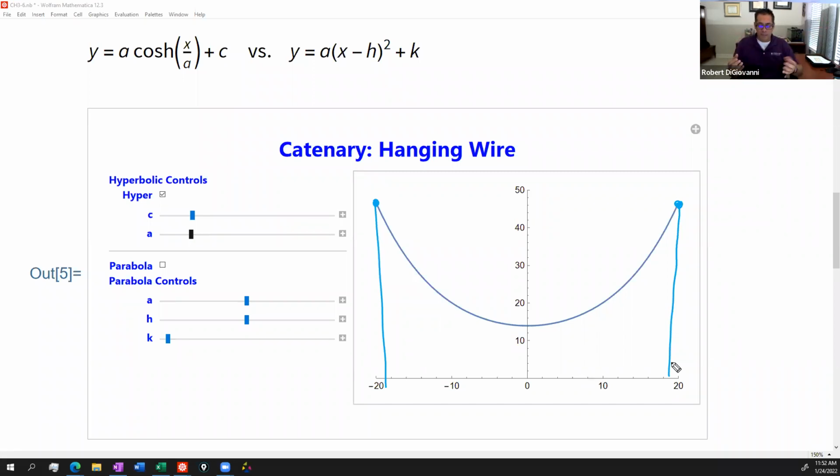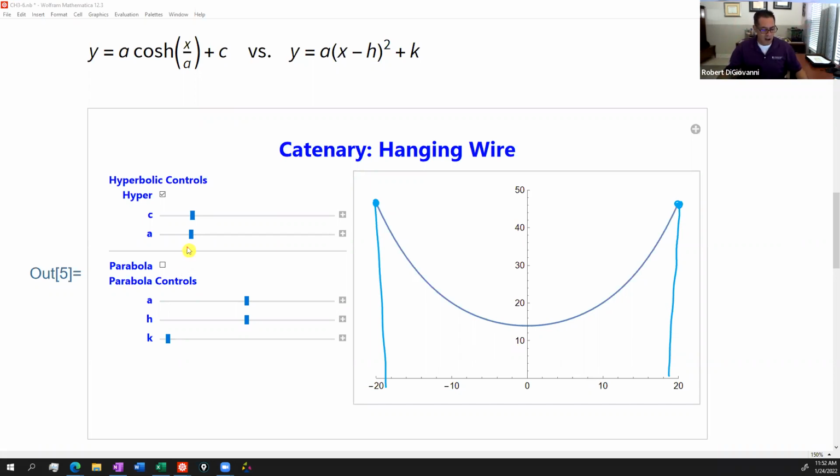That shape is dictated by gravity, and there's really only one shape it can be. For a long time, we were trying to figure out what that shape is. Most people would think, oh, it's a parabola between those 2 points. It's not.